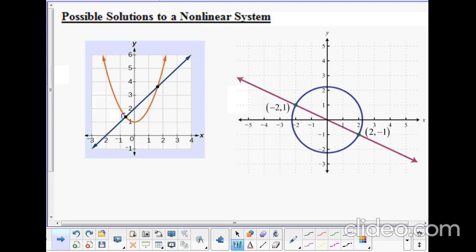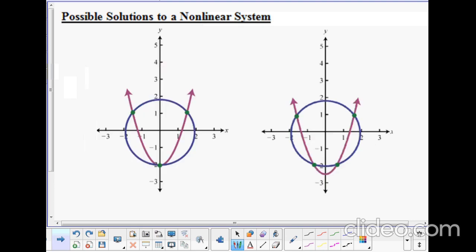If I look at this line and parabola on the left, they intersect in 2 places. If I look at this line and this circle on the right, they intersect in 2 places. These 2 systems of equations would have 2 solutions. That's not something you saw with linear systems of equations. We can now, if we go nonlinear, have 2.